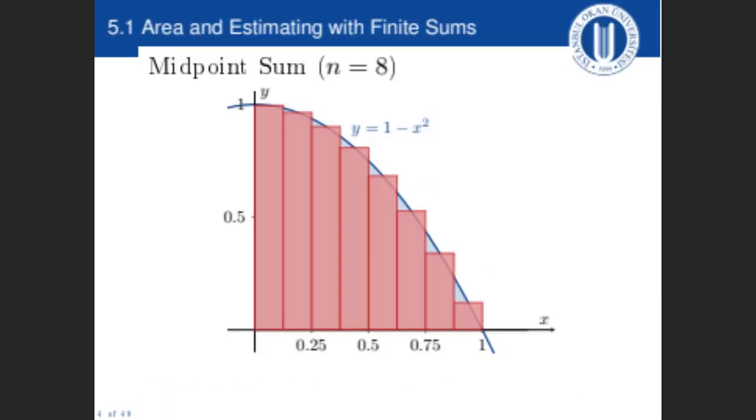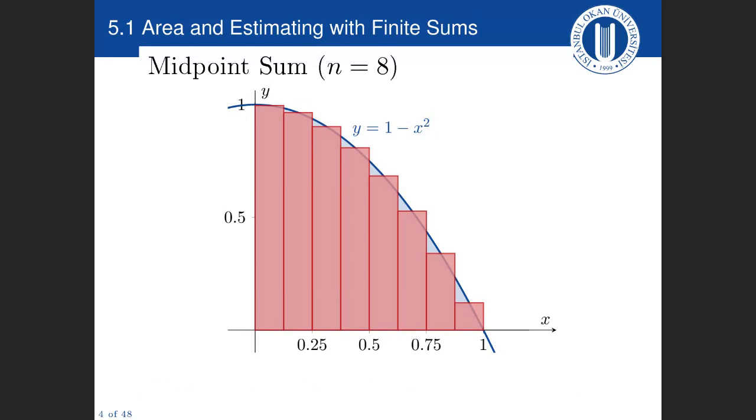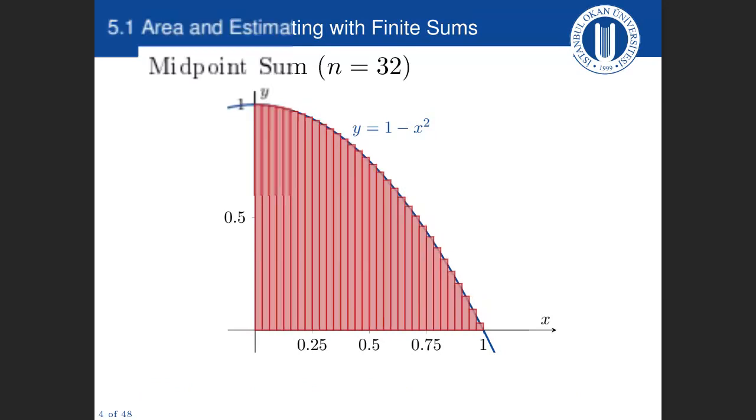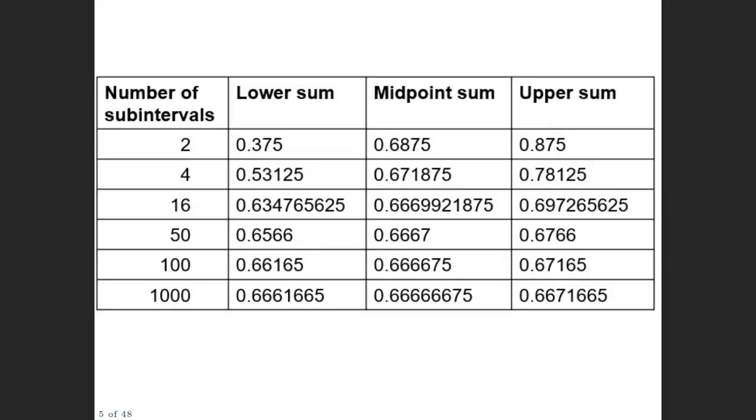Again, we could increase the number of rectangles to improve our estimate. Once we get to, say, 32 rectangles, then we're going to be quite close to the area of R. The numbers I've taken from your textbook for lower sum, midpoint sum, and upper sum.